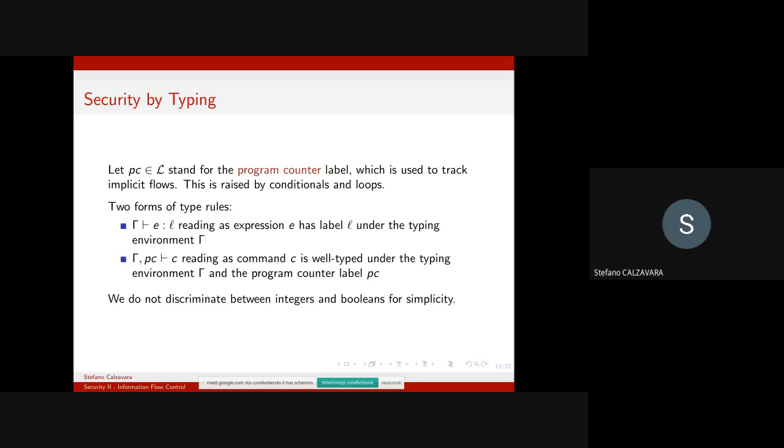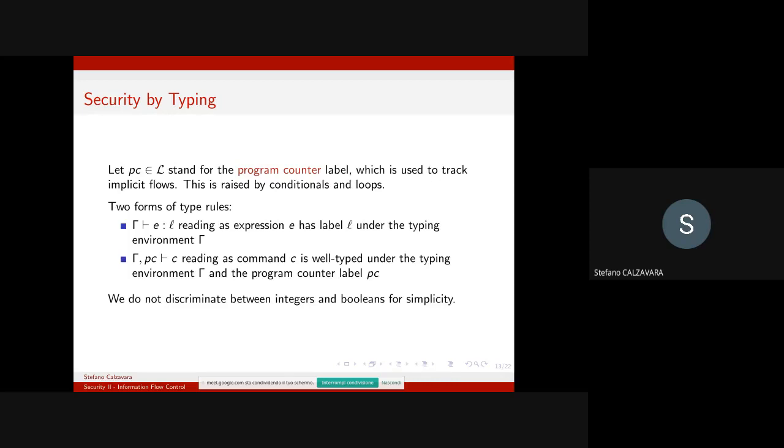The good news is that we can adapt the theory of typing to reason about security of programs as well. So rather than having programs which are well-typed and programs that are ill-typed, we have programs which are secured or not secured based on a typing proof.